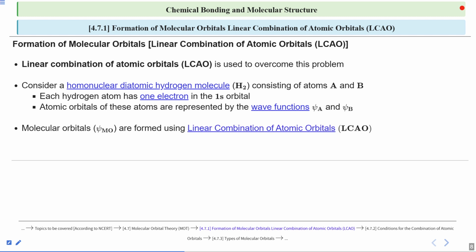So in the linear combination of atomic orbitals, we will do two things. We have two conditions. So psi can be equal to psi A plus psi B, or it can be equal to psi A minus psi B. You got it? Again, two things are there, very important.